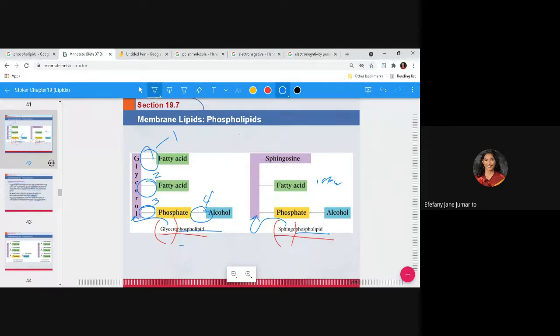What about your sphingophospholipid? How many ester linkages? Three. Two, three. Okay, so that's three. Now, what about your triacylglycerols? How many ester linkages?